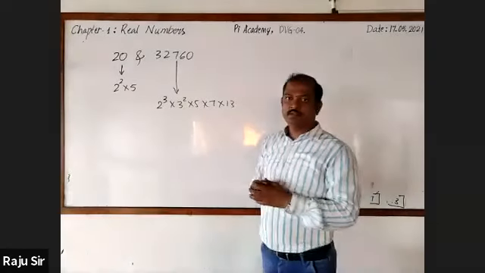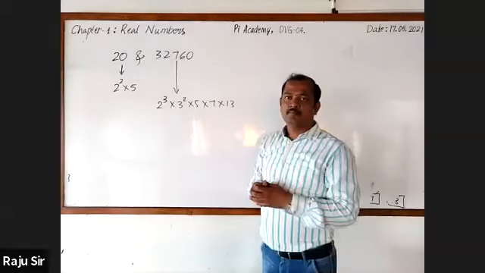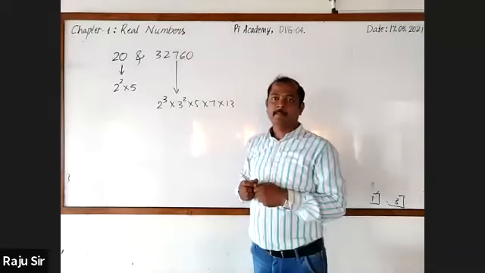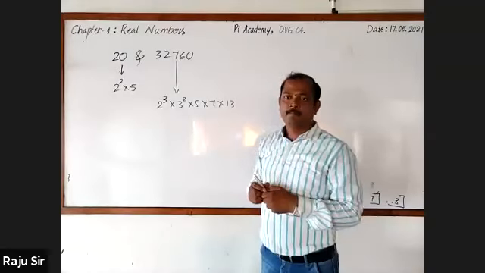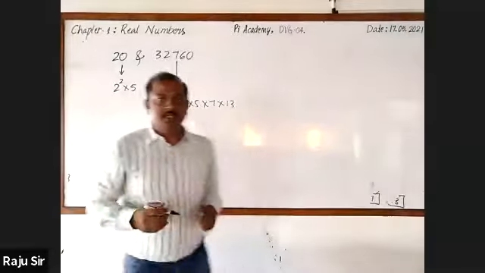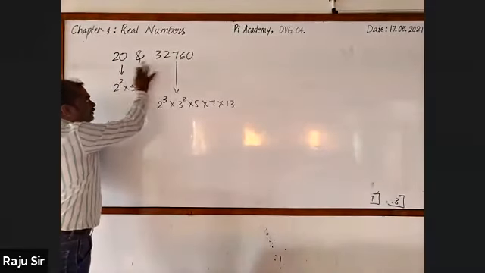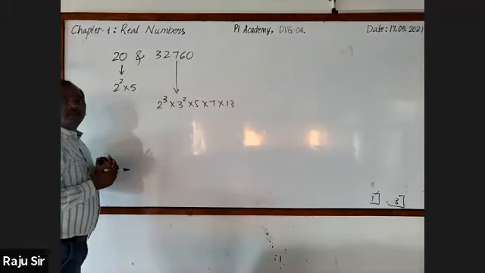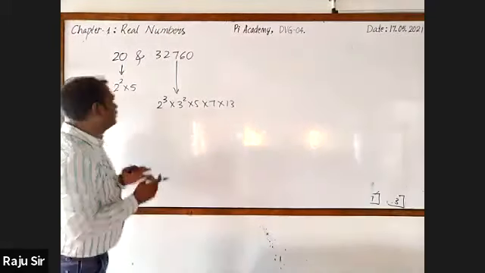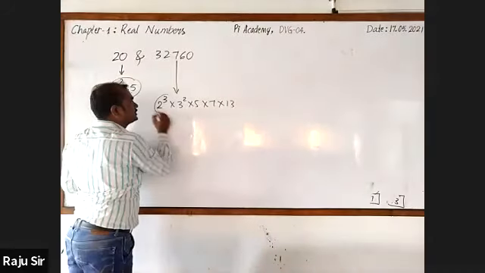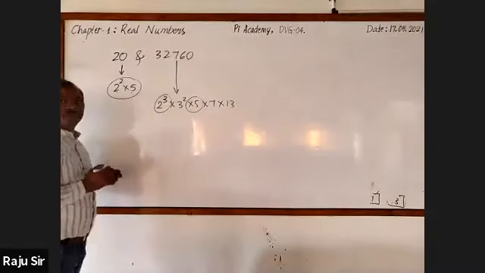What is that? Yes, both numbers have a prime factorization which contains both 2 and 5. Just observe it here also, 2 and 5.